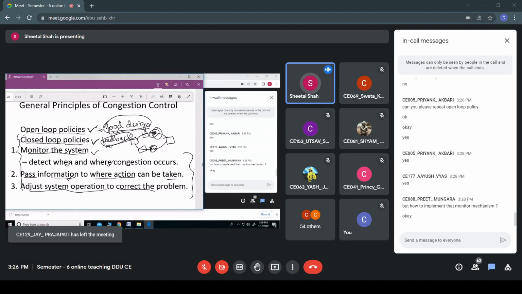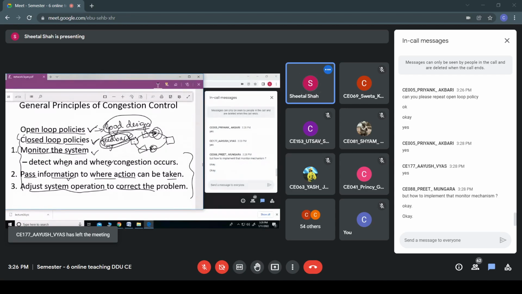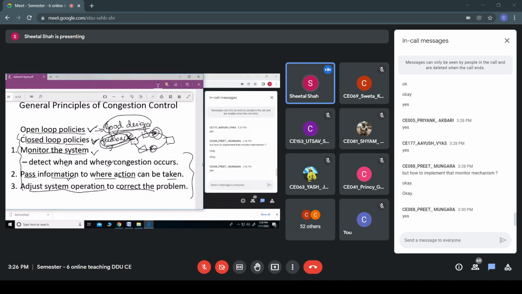So in short, by using this feedback, by just observing the network, how it works, based upon that, it can make certain decisions. Right? Hope you are getting me. Preet. Okay. This is one such example.